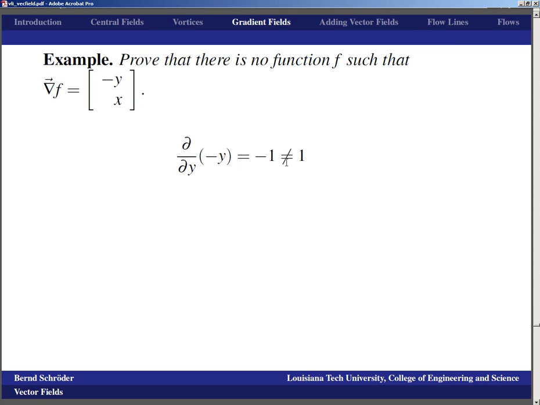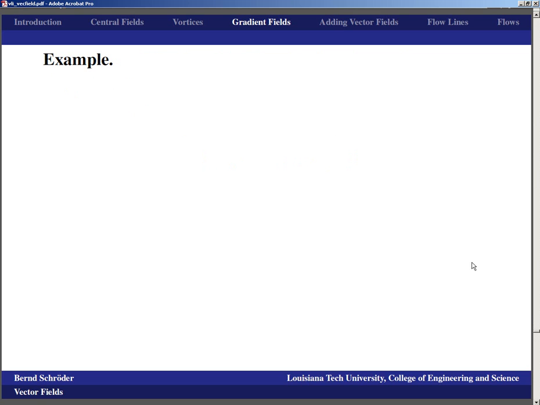And that's not equal to 1, which would be the x partial derivative of the y component. Because by the previous proposition we know that if this was a gradient field, these two would have to be equal. They're not. Therefore, this field is not a gradient field.